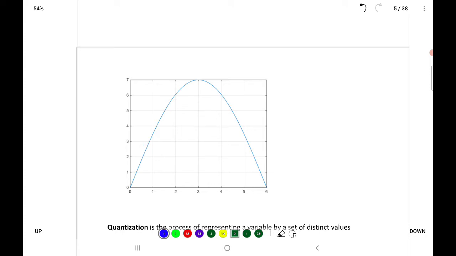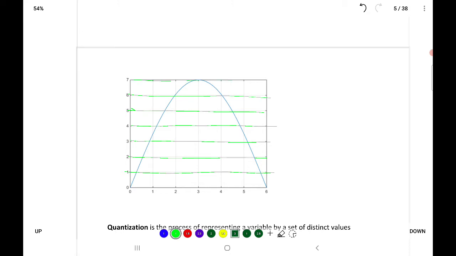How we can make this quantized level? Well, let's see that we have discrete level at 1 and 2, 3, 4, 5, 6, 7. Let me make it a little bit clear. If you make the level here, that's level 1 and level 2, level 3, level 4, 5, 6, 7.